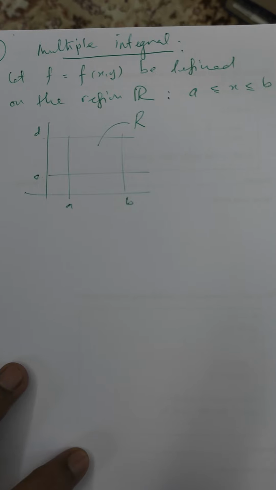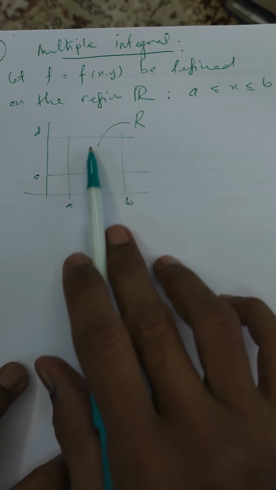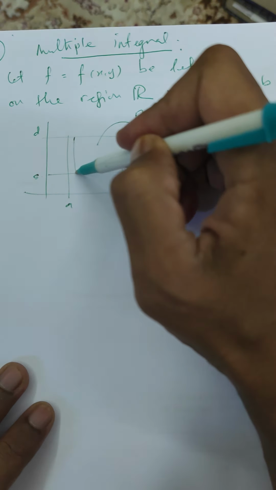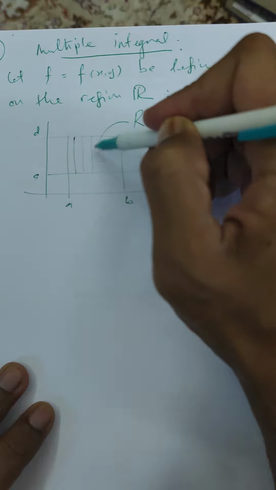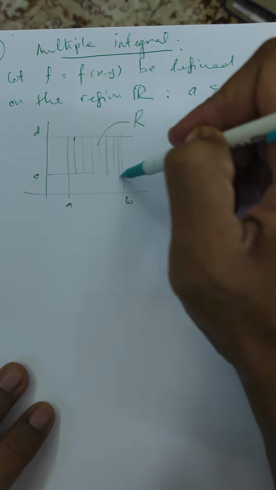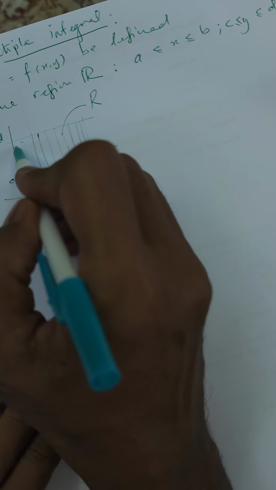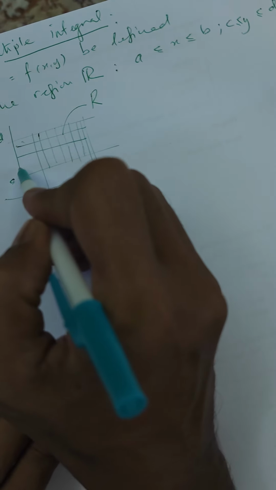Okay, so what we're going to do is we split this region into small pieces, right? I can split this in the x direction, as well as the same for the y direction.